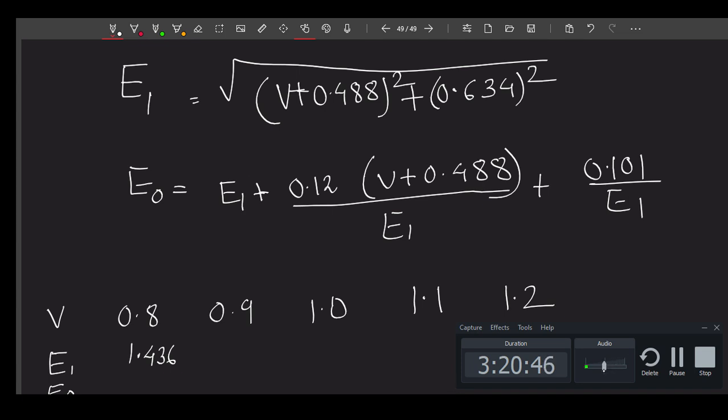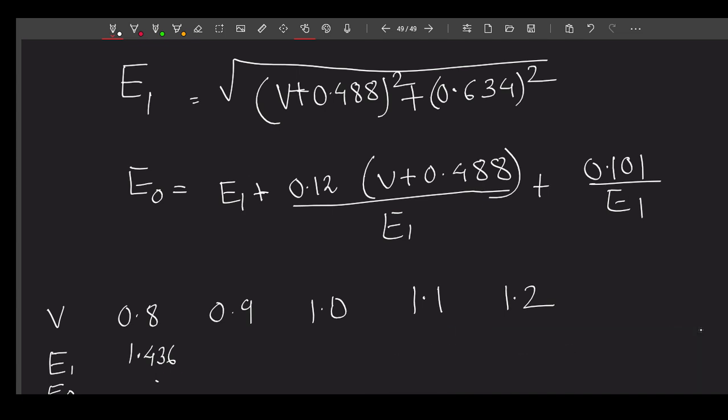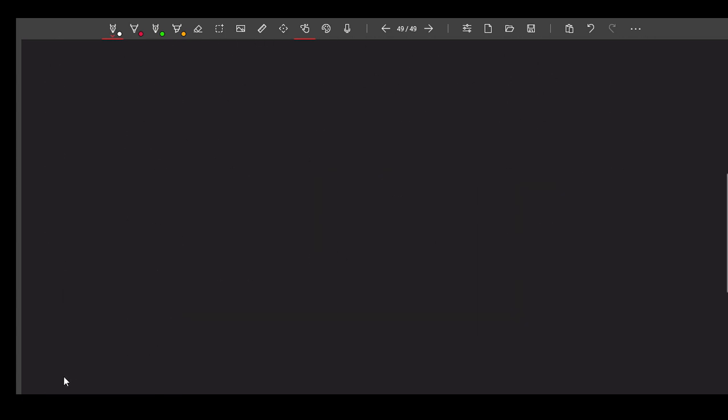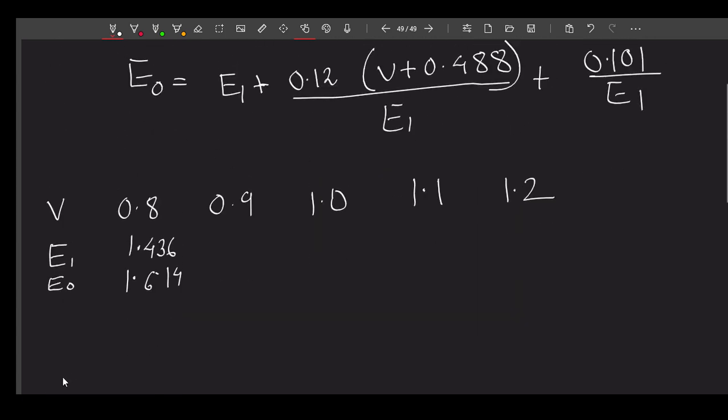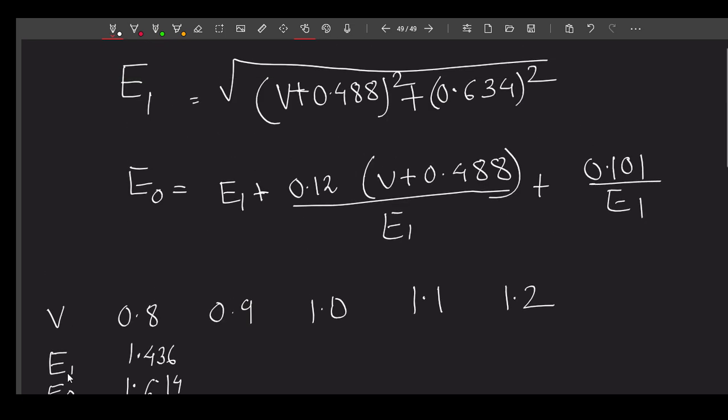Then E0 will be 1.614, right? Then you put 0.9 here, you will find it is giving you 1.526, 1.702.